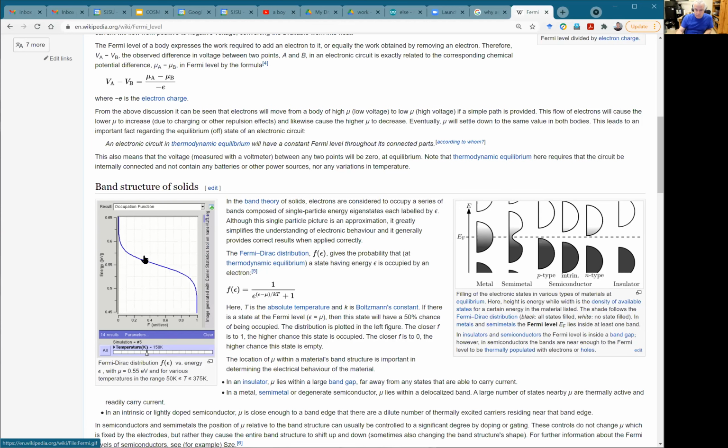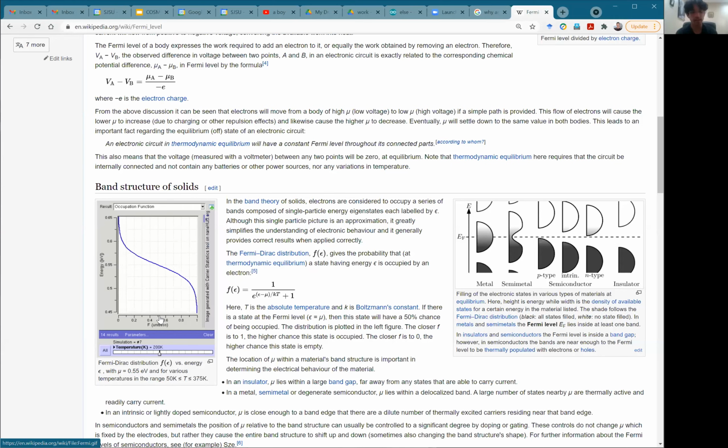So what happens if the states above the Fermi level are anti-bonding and below they're bonding? Then what happens at T equals infinity? Well, actually, exactly half would be in the conduction and half would be in the valence band.